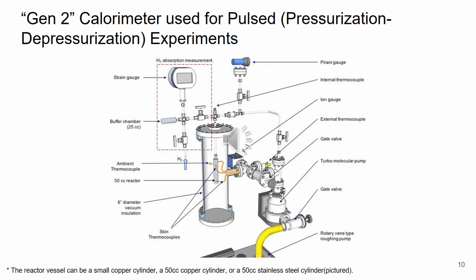The larger vessel has the capability to be pressurized from a pressure cylinder, and it's also equipped with vacuum pumps to quickly draw vacuum. Appropriate thermocouples and pressure sensors are incorporated.